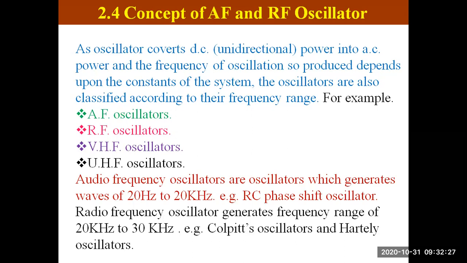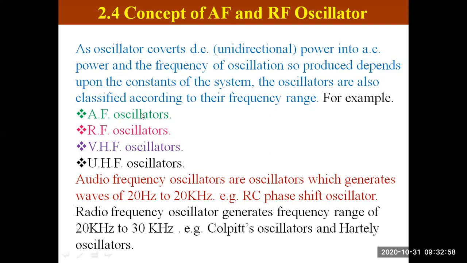The oscillations are also classified into 4 types according to their frequency. We can change the frequency by changing the components in the circuit. Gain and many other things may be constant, but we can change the components.